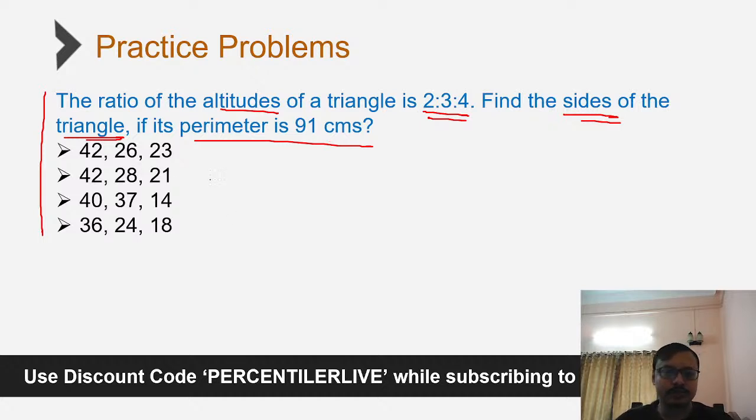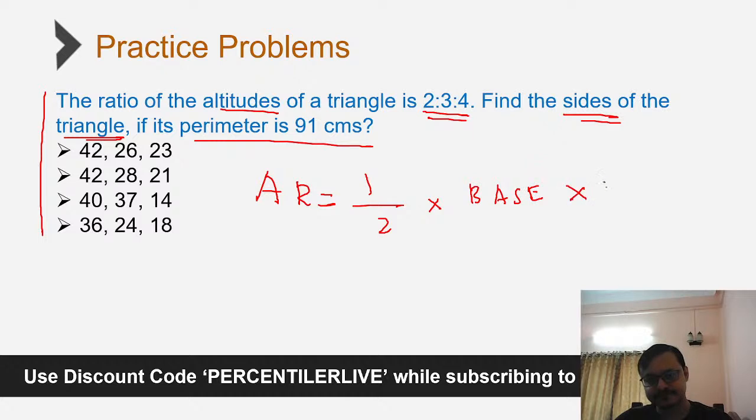So how do you do that? What is the formula for the area of any triangle? The area of any triangle is half into base into height. The base would be the respective side of the triangle. The height is basically the altitude.